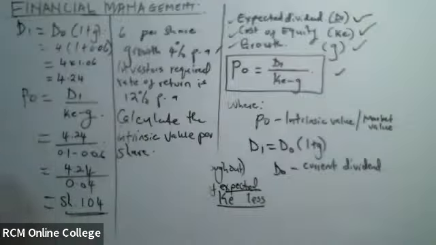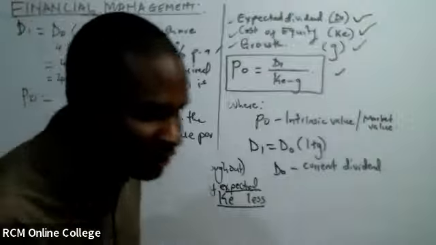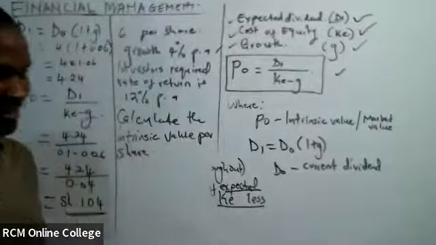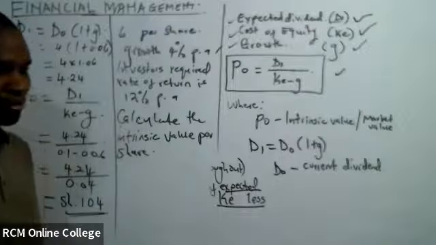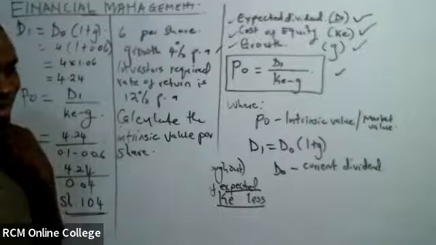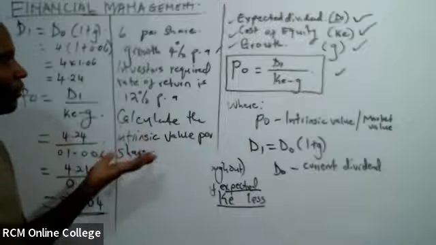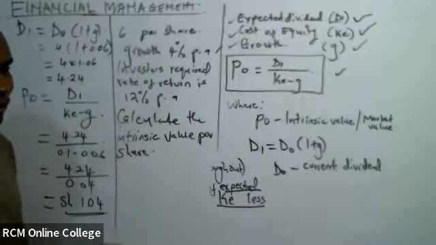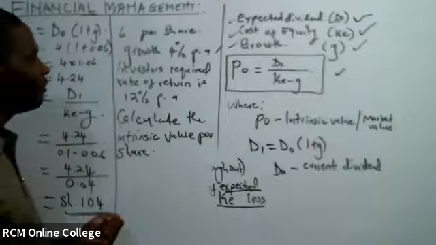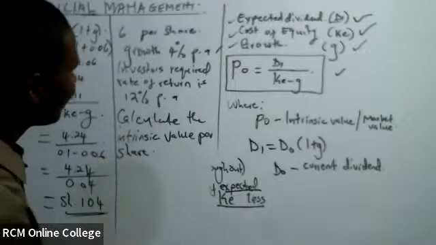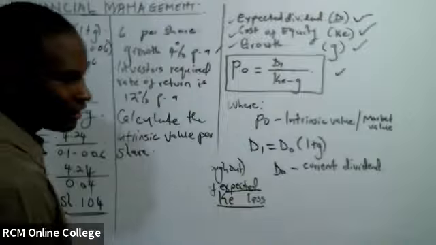Let's see who will be the first one to get this. Great. You see, this is just a simple one, because we've been told that the expected dividend is 6.